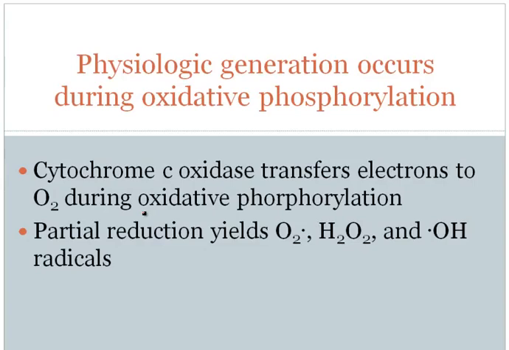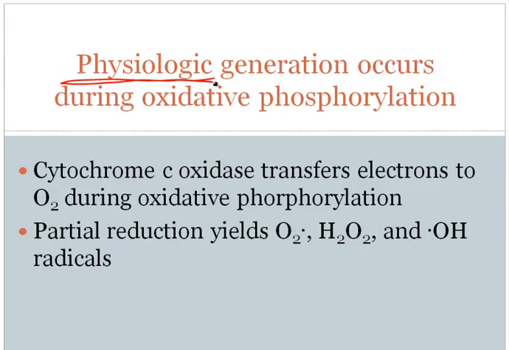So what do we mean by physiologically? Well, physiologic generation of free radicals occurs during oxidative phosphorylation, and of course this is part of the normal physiology of a human being, so that's why we use the term physiologic.